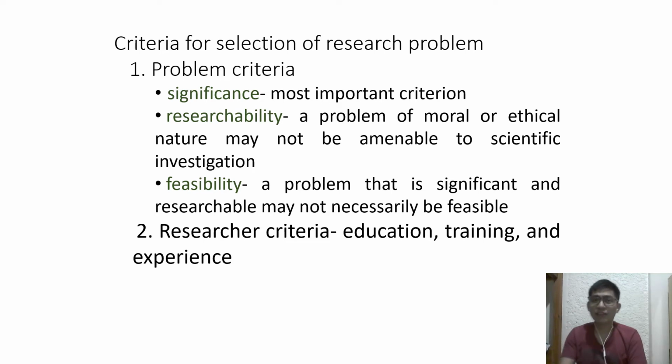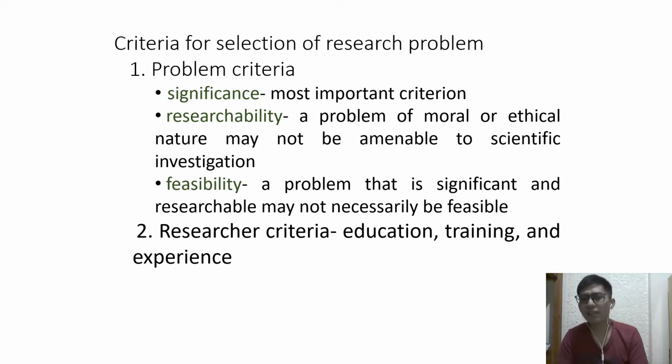The criteria for a research problem: first is the problem criteria. Is it significant? This is the most important criterion. As you are doing your literature search, browsing the web, you should always keep in mind: can this topic contribute to the profession?